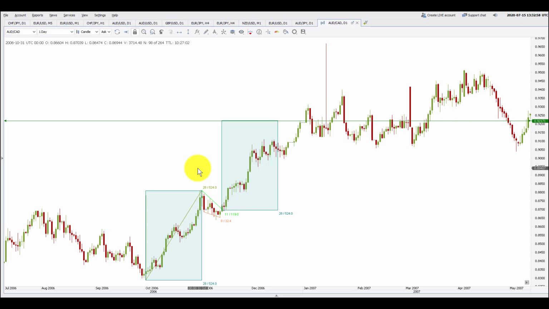I would request you not to put more than 1% of your capital on any single trade. If you are going to open a position, please check your position size, so that if your stop loss gets hit, it should not make a loss of more than 1% on your account.